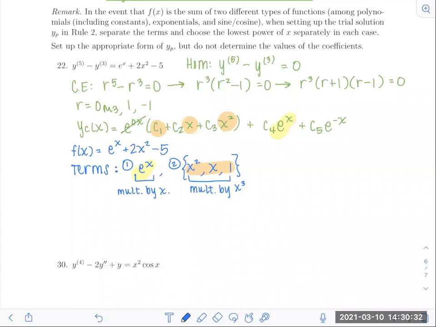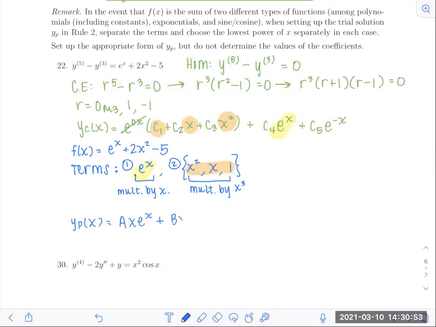All right, and so at this point, I can go ahead and set up my intelligent guess for my particular solution. For that first one there, e to the x, I said I only needed to multiply by x, so that's an A x e to the x. And now for the rest of my terms, I need to multiply by x cubed.